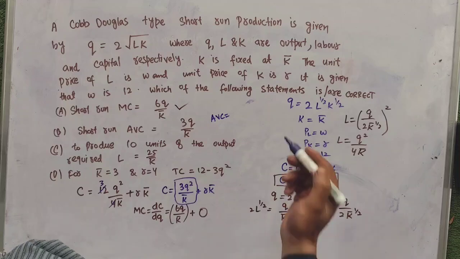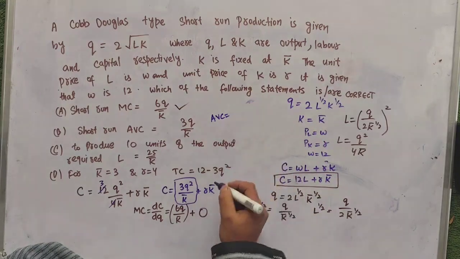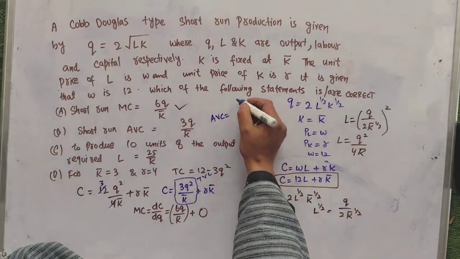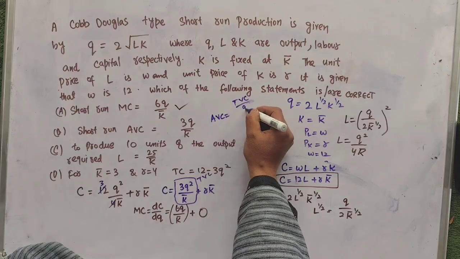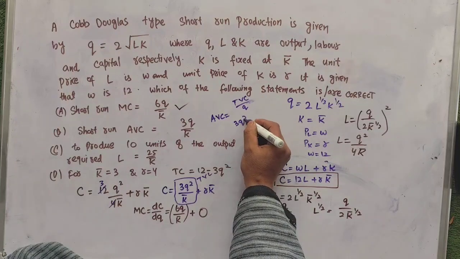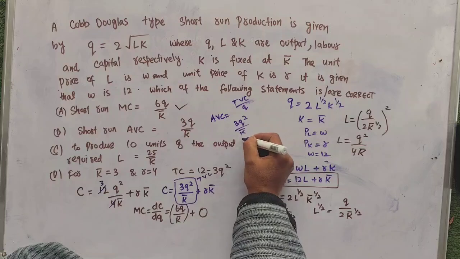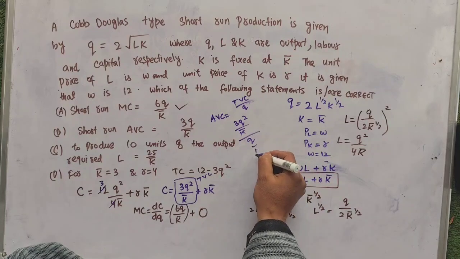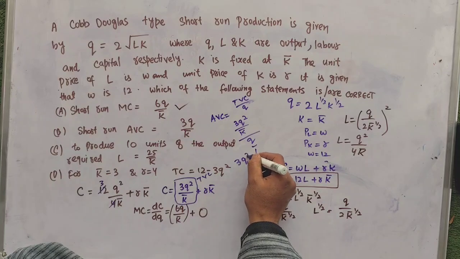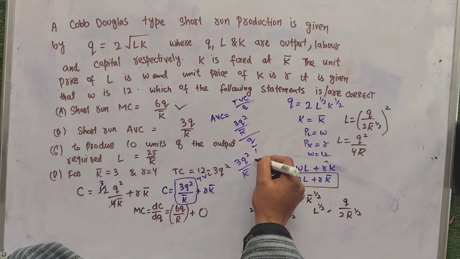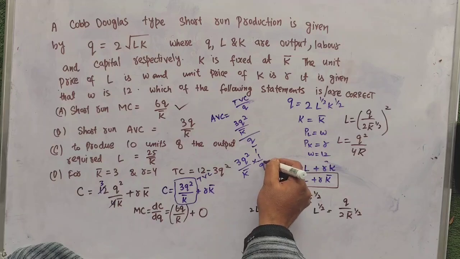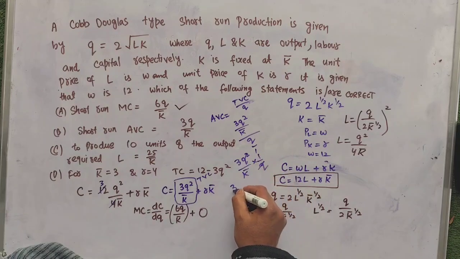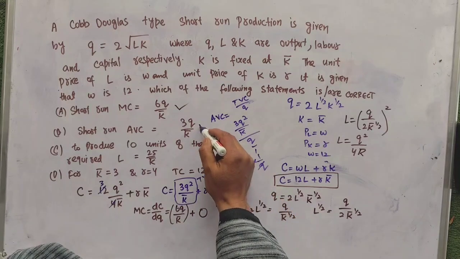When we divide the total variable cost by Q, so this is our TVC divided by Q. So we have 3Q square divided by K bar, divided by Q, so we will get 3Q square divided by K bar times 1 upon Q. So Q cancels, and we get 3Q divided by K bar. So this is our average variable cost, 3Q upon K bar. This is also correct.